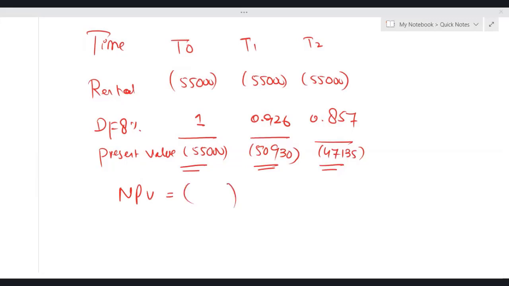Let's see what is the NPV. 153065. That's great. 153065.